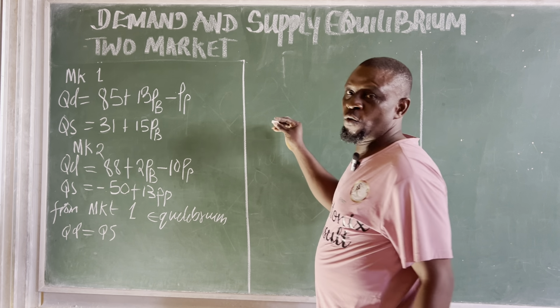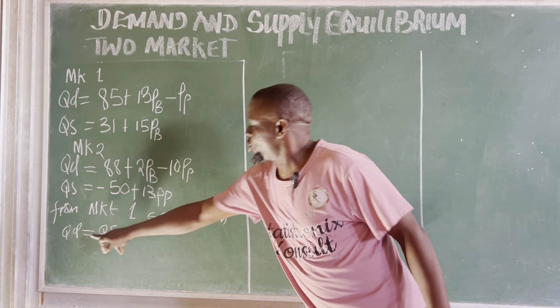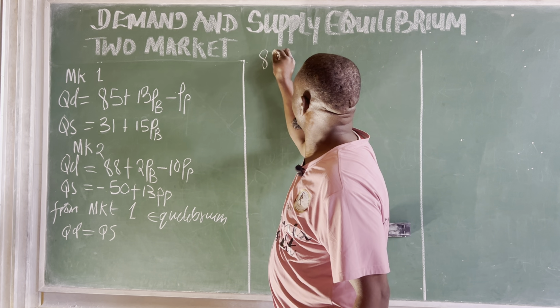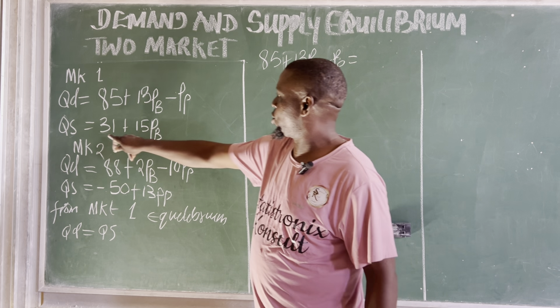Therefore, now we'll have QD in the first market, 85 plus 13 PB minus PP, and we are told that that is equal to QS. So what is our QS?